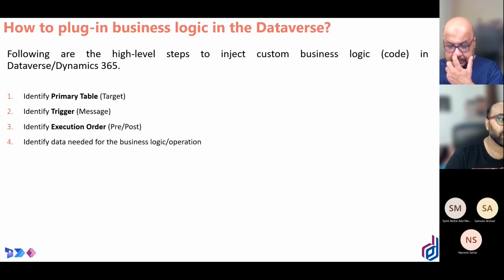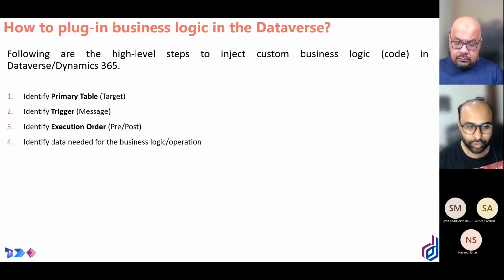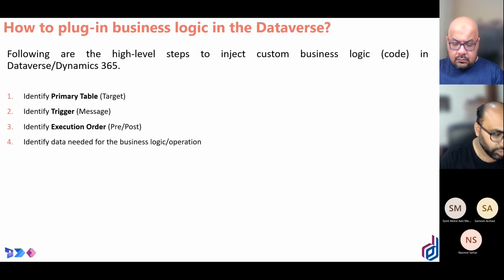It's the same thing. Then we identify the execution order. Do we need to call it before the record is saved, updated or deleted, or after it? Then we identify the data that we need to perform our business logic or operation. When I say business logic, that means, let's say, we are comparing the previous email with the new one, and so on. And then we, let's say, notify the user or update some data. That is our operation.